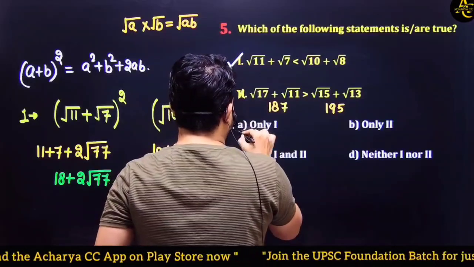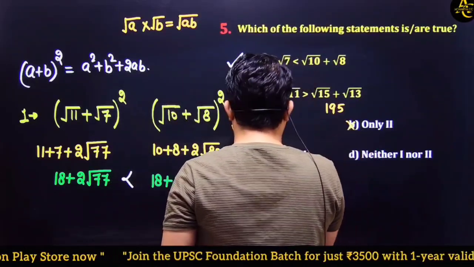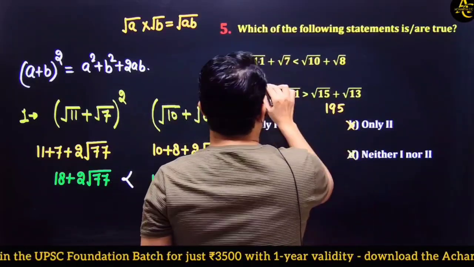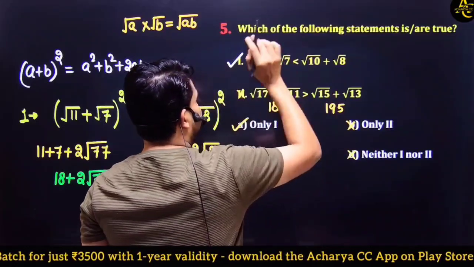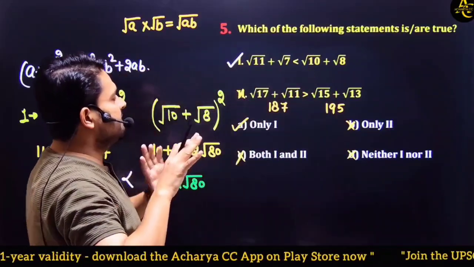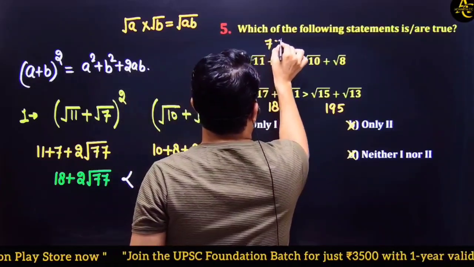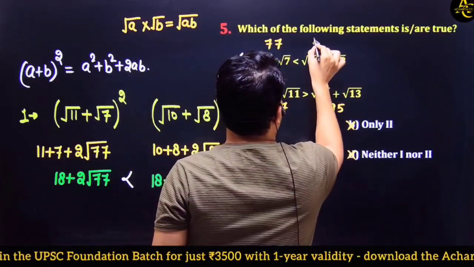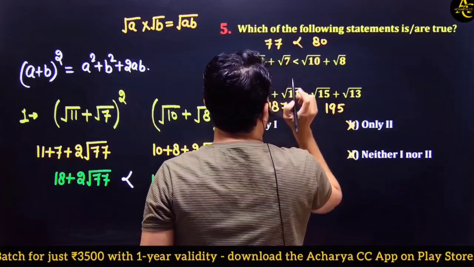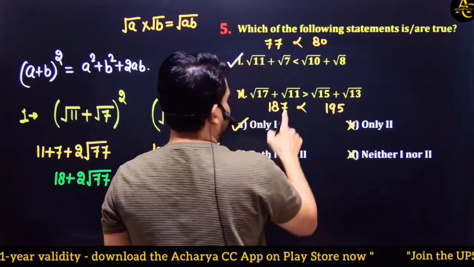So only the first will be your answer. This is the trick to solve this question. First of all, a plus b is equal, here 11 plus 7 is 18, 18 here, then root ab will be compared. Here 11 times 7 is 77, and here 80, and it is smaller, so this is correct, and this is also smaller, so this one is incorrect.